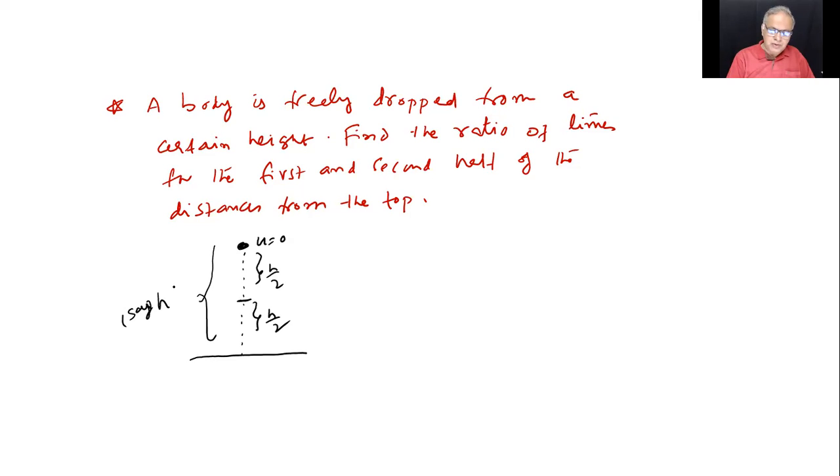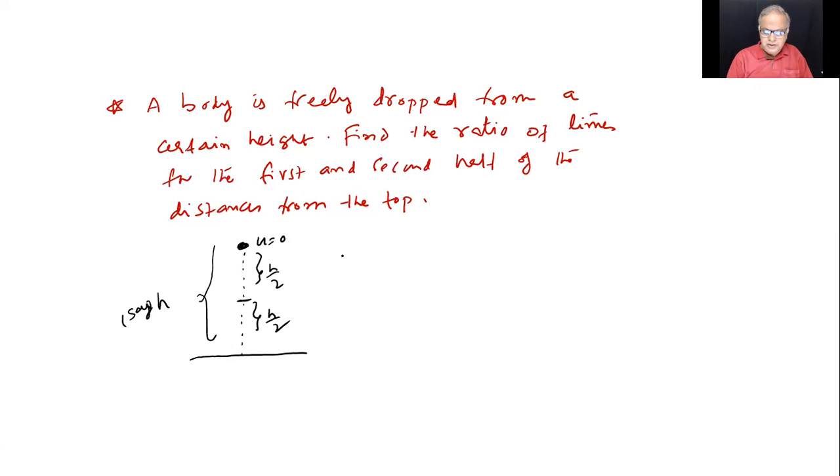So you know very well, for the whole h I can write h equals half g t square, because u is 0. Now for the top height h by 2, I can write some t1.